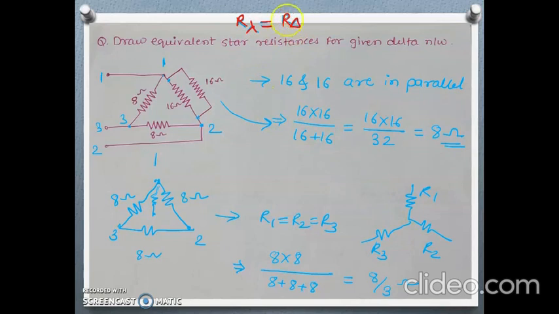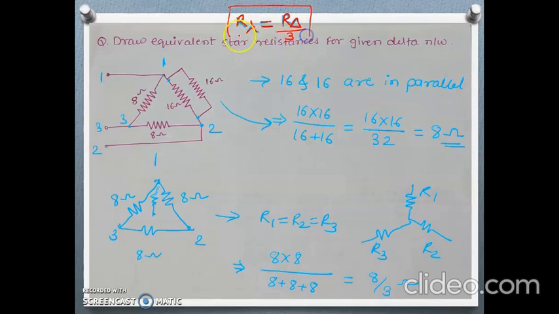Suppose we are given R delta, that means the value of R connected in delta, then the value of R connected in its equivalent star will be R delta divided by 3.